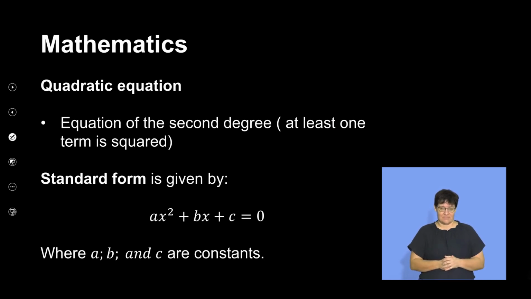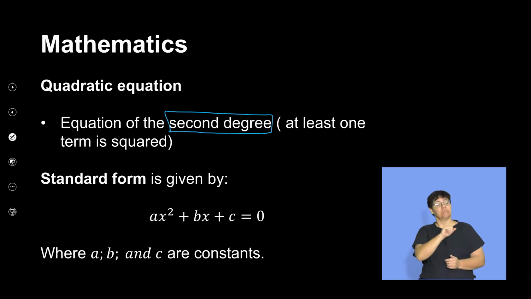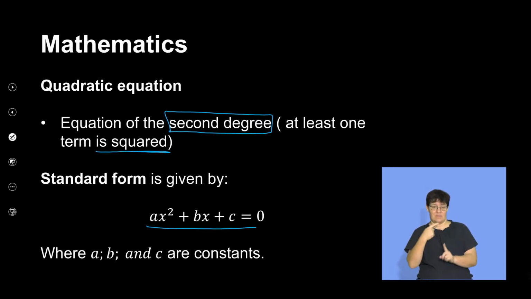Now, for an equation to be quadratic, we say it is quadratic because it has a second degree. Second degree means at least one term needs to be squared. The standard form for this is normally given as ax squared plus bx plus c equal to 0.